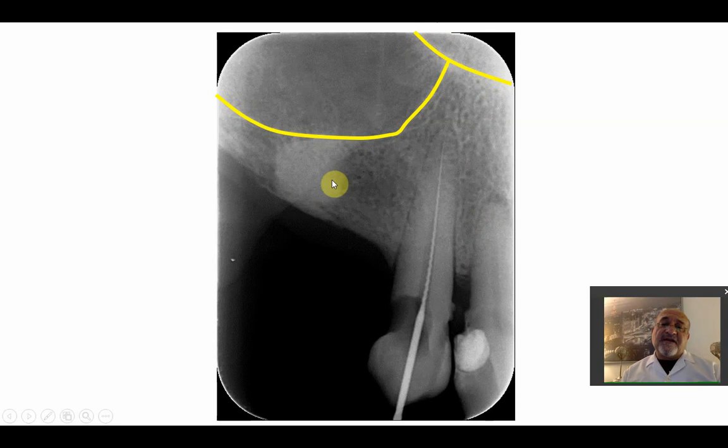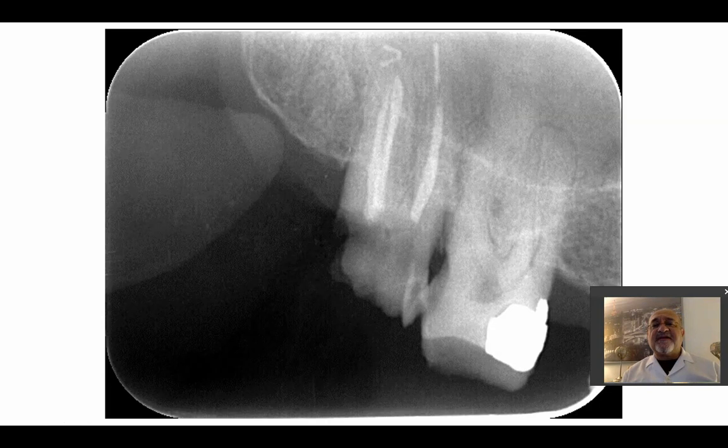Here you can see an enostosis, that is bone growth inside the bone, bone inside bone. Of course we are not in diagnosis here, this just came by chance. Nasal cavity and, of course, the maxillary sinus.